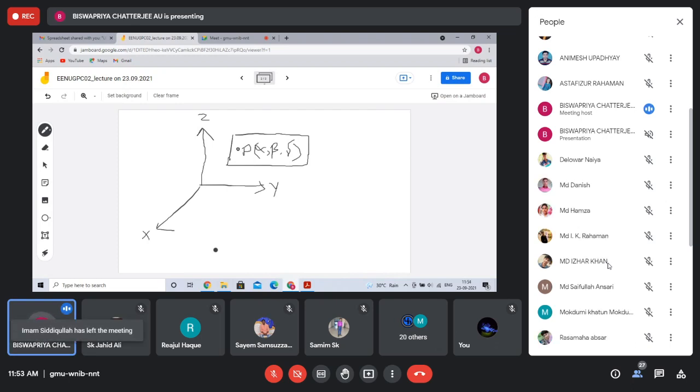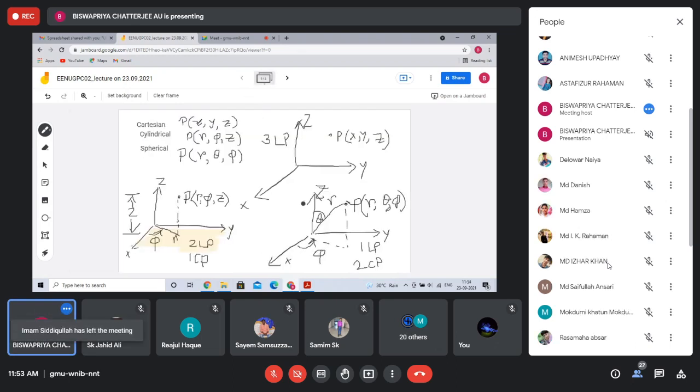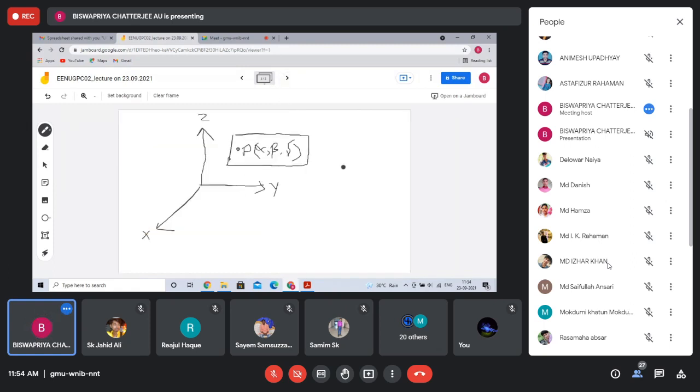To validate a coordinate system, three conditions need to be checked.